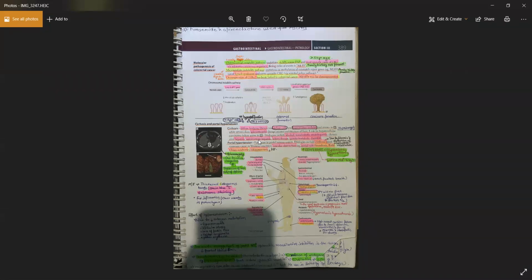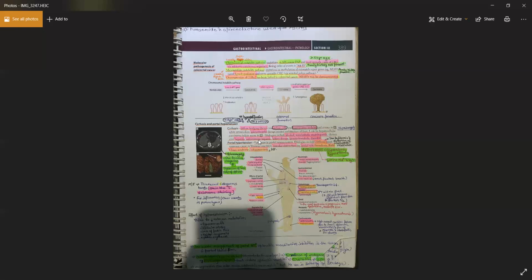If you remember, in case of portal hypertension, if the blockage is within the vein or in the liver, then you can do the TIPS, right? But if the patient is also having hyperammonia along with the portal hypertension, then you cannot perform the TIPS.